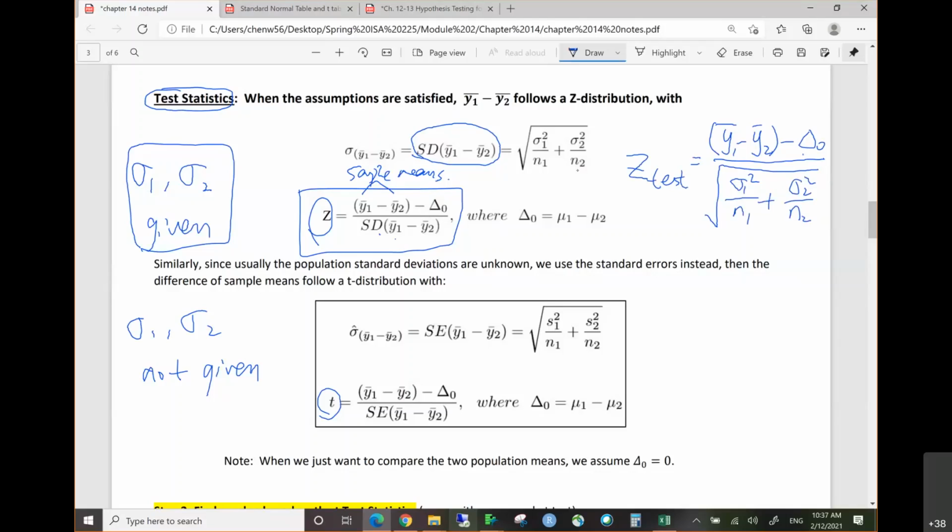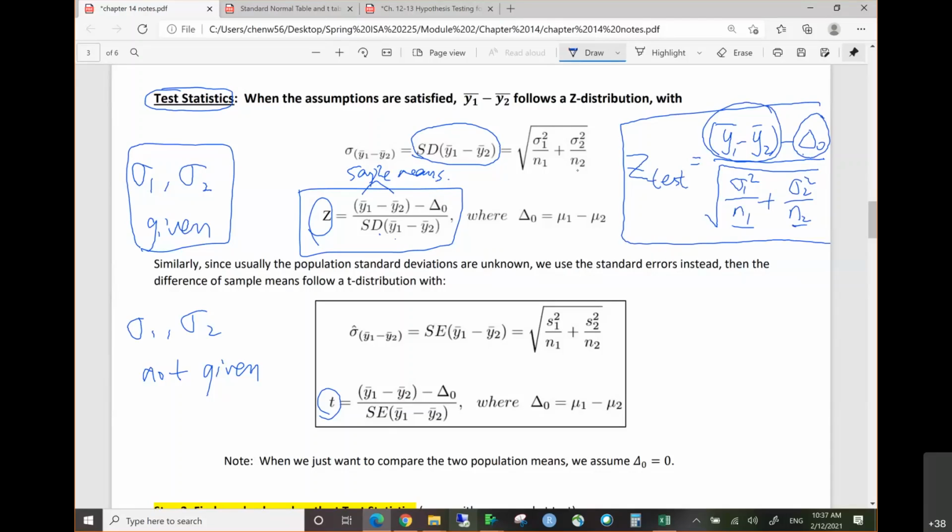So in this formula, once we have the two samples, we have the two sample means. So we have this part, right? Once you state the hypothesis, you know the delta zero in our hypothesis. And then sigma 1, sigma 2 are both given, and you have the sample sizes.